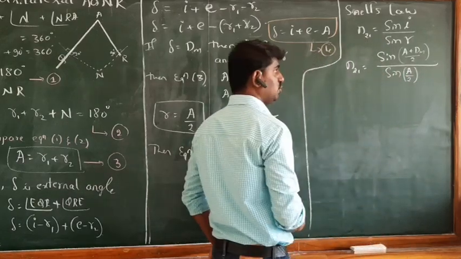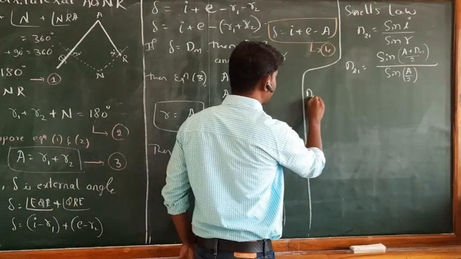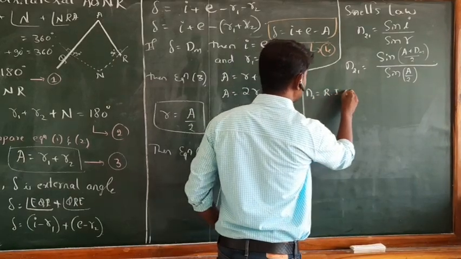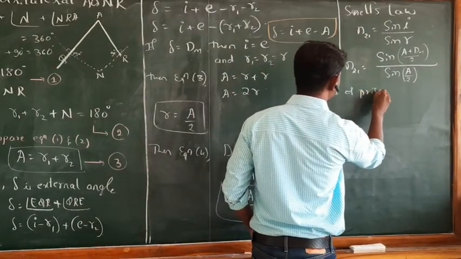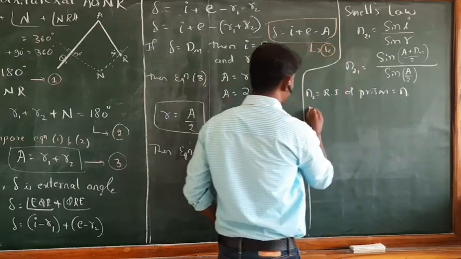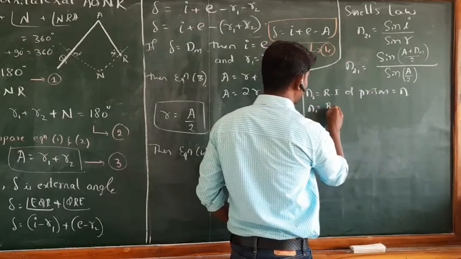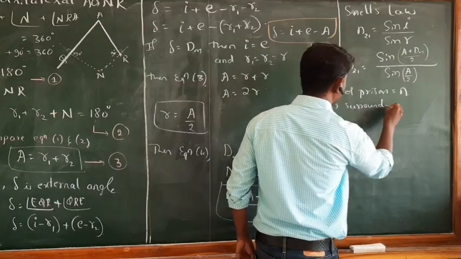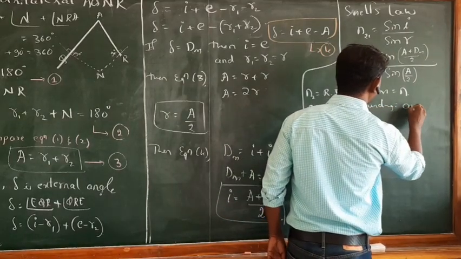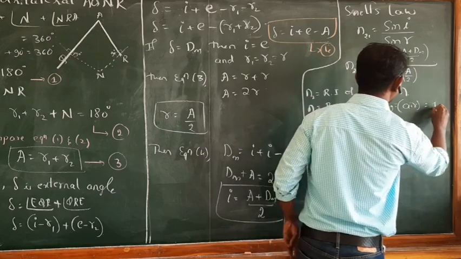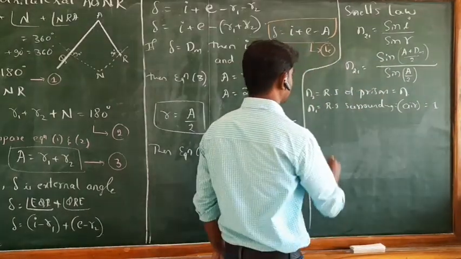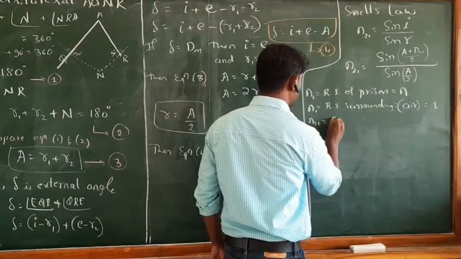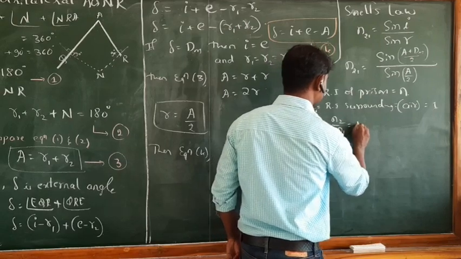Usually n2 means the refractive index of the prism, which we take as n, and n1 is the refractive index of the surrounding. I call this the air medium, and for air this is 1. So n21 is equal to n2 by n1, which is equal to n.